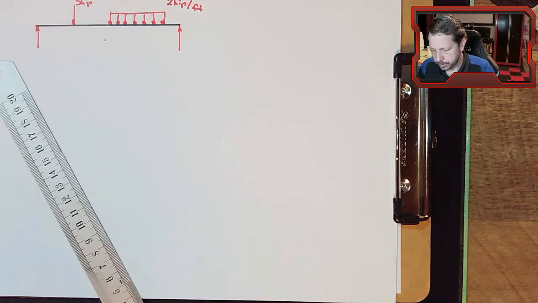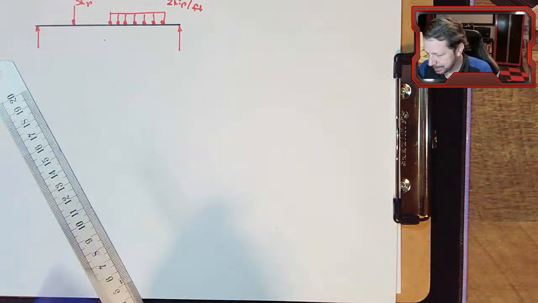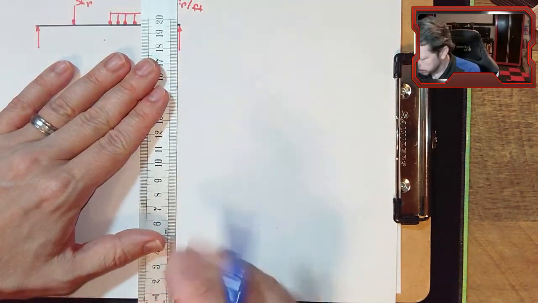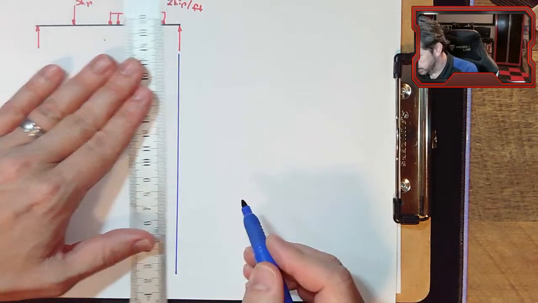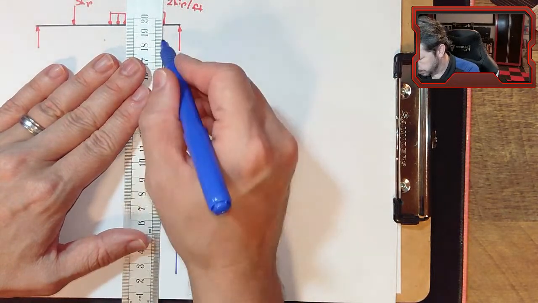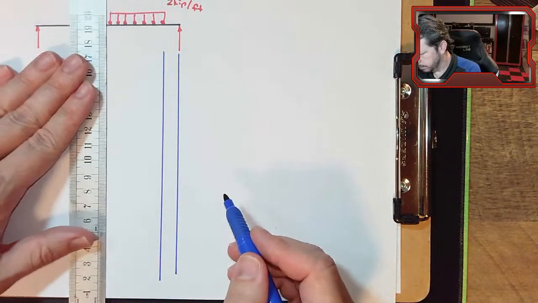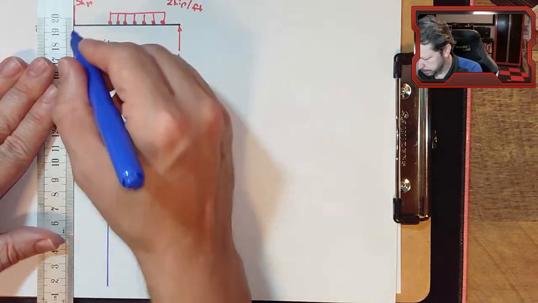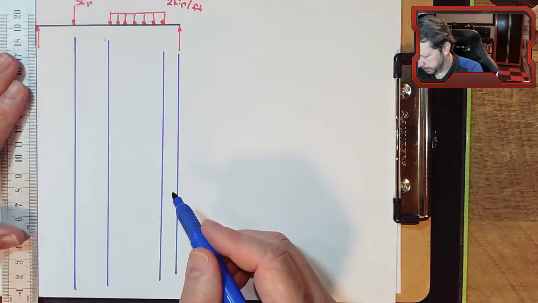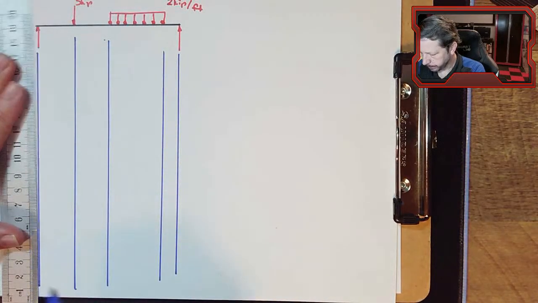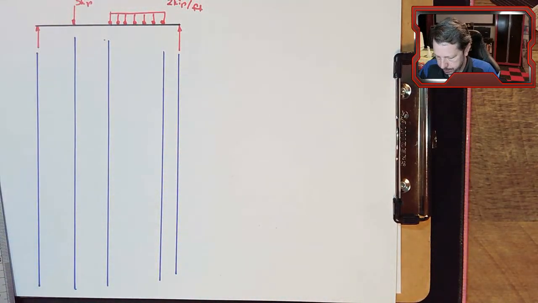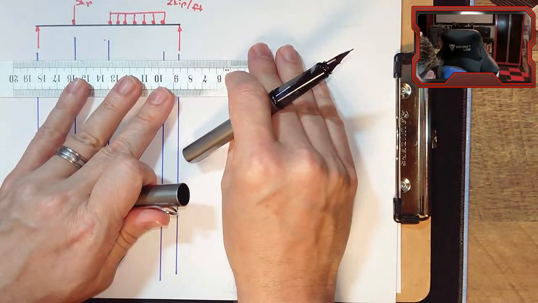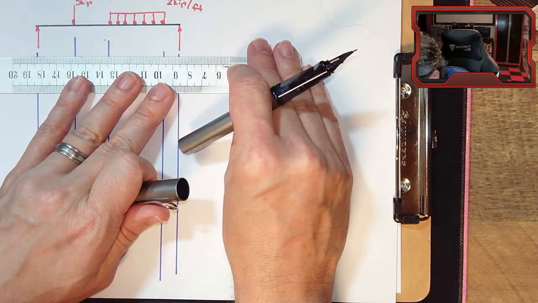We're going to go ahead and draw our reference guidelines here, something that marks where the distributed load begins and ends, where the point load is, and where this reaction is. And then we can go in and add our dimensions here, just so we know how far apart everything is.